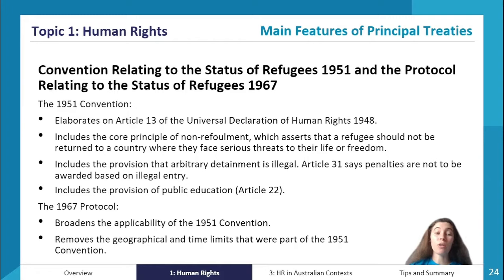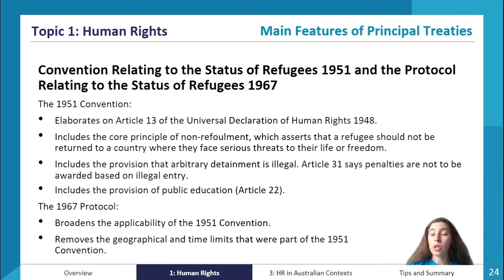So it includes the core principle of non-refoulement. So that means that a refugee should not be returned to a country, so sent back to a country where they face serious threats to their life or their freedom. It also includes the provision that arbitrary detainment is illegal and penalties are not to be awarded based on illegal entry.